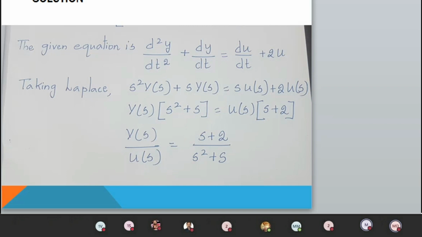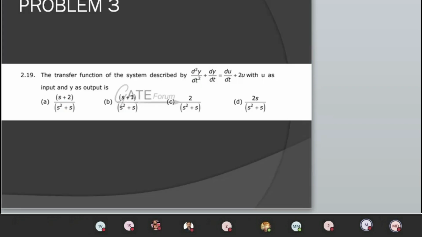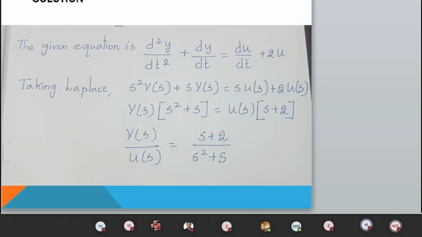Laplace transform of output variable to the Laplace transform of input variable at the 0 initial condition. What is the Laplace of output variable? Y of s. What is the Laplace of input variable? U of s. So Y of s by U of s is s plus 2 divided by s square plus s. So which is the correct choice? S plus 2 divided by s square plus s. A is the correct choice.